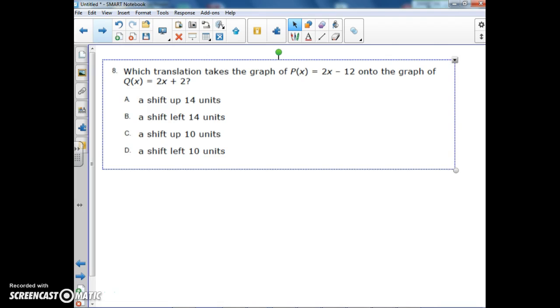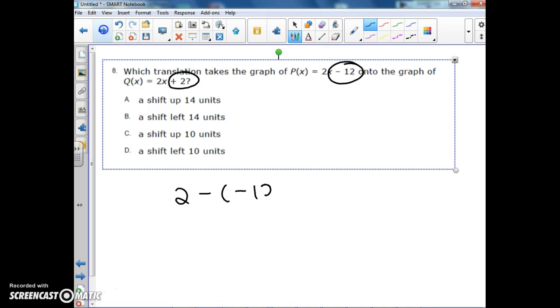Now we have a y-intercept of negative 12 that moved to a positive 2. We take 2 minus a negative 12, and that will give us 2 plus 12, which is 14. So the graph moved up 14 units. Your correct answer would be A.